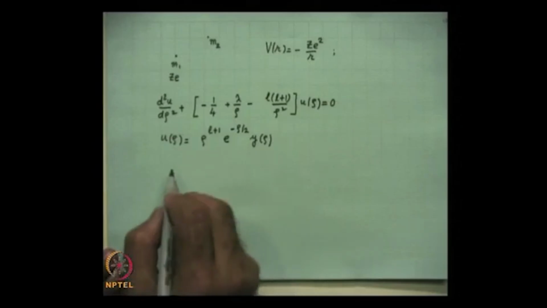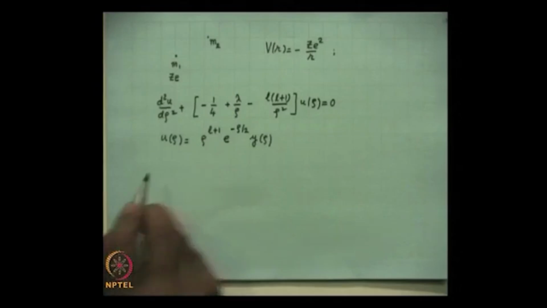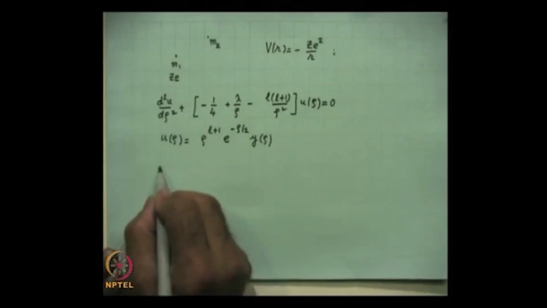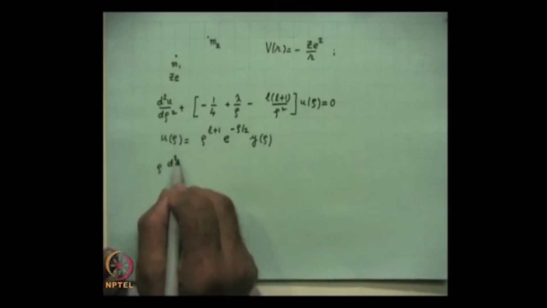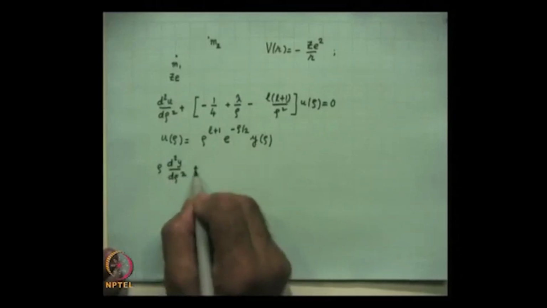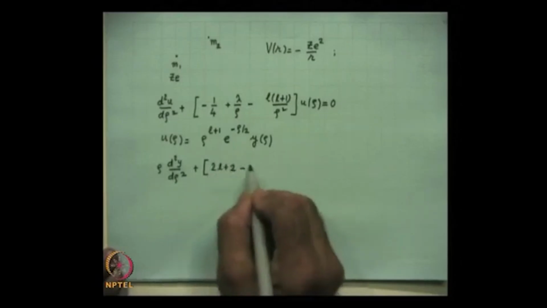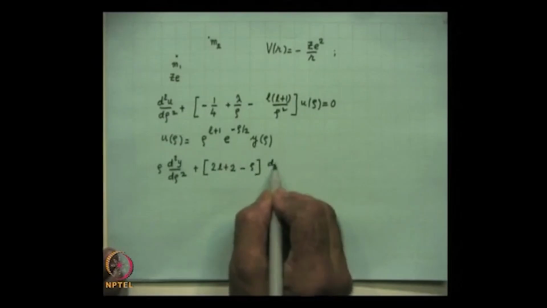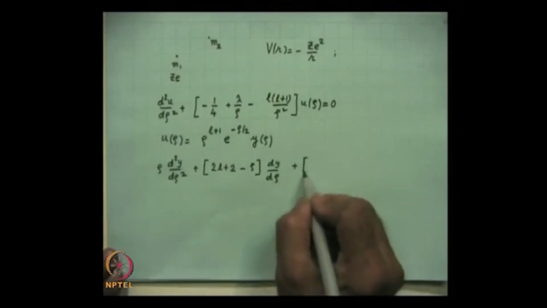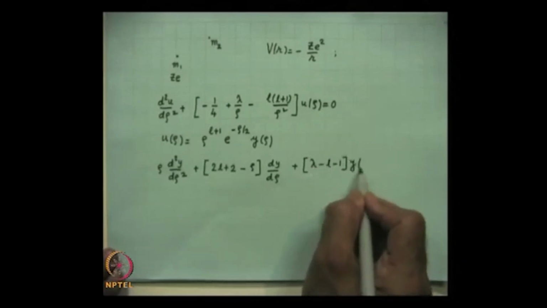Then we found that y of rho satisfies the following differential equation: rho d2y by d rho square plus 2L plus 2 minus rho dy by d rho plus lambda minus L minus 1 y of rho.